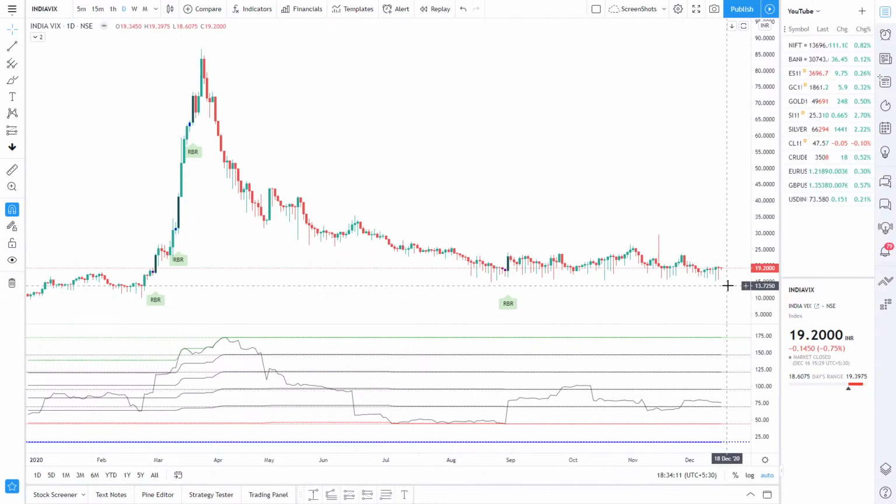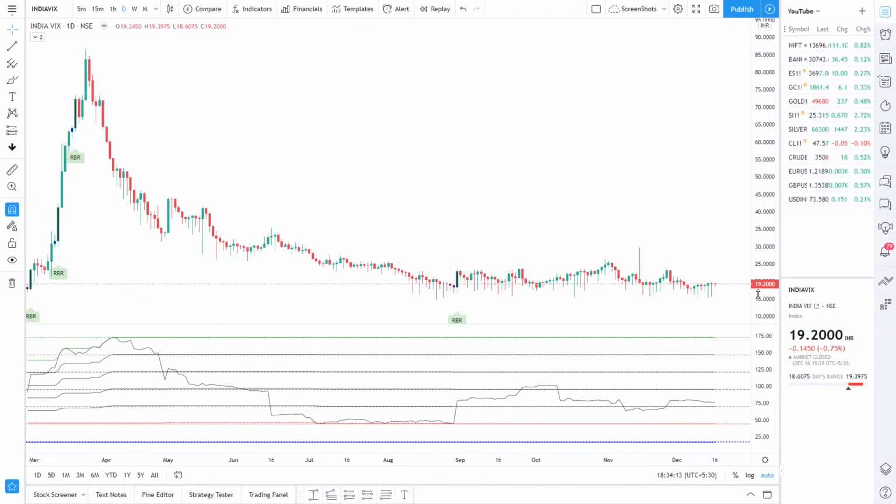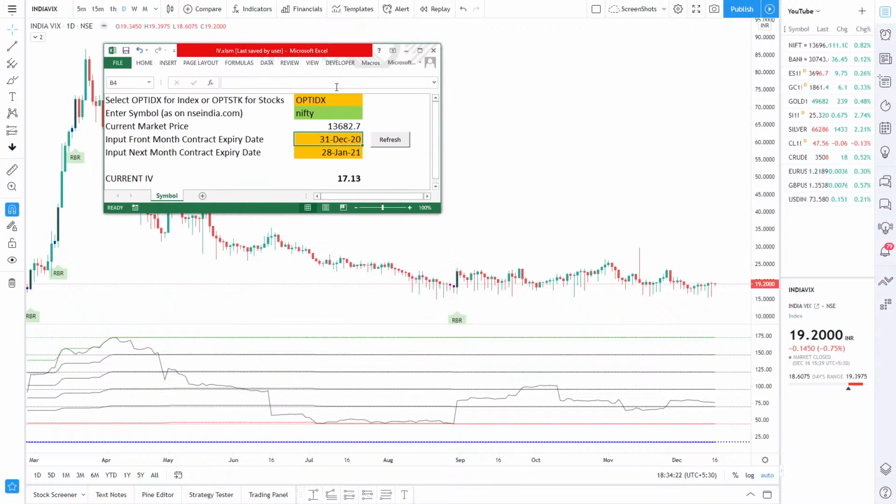So what people do is, currently the India VIX is telling me that the value is 19.2, right? So they will look at the implied volatility. Let's imagine I want to plan a trade in Nifty itself.